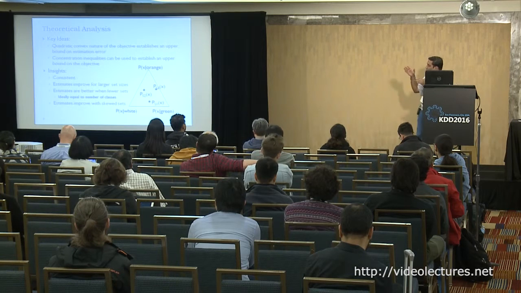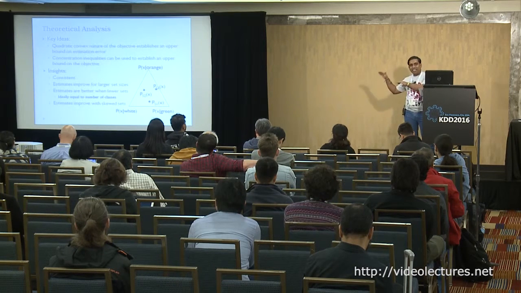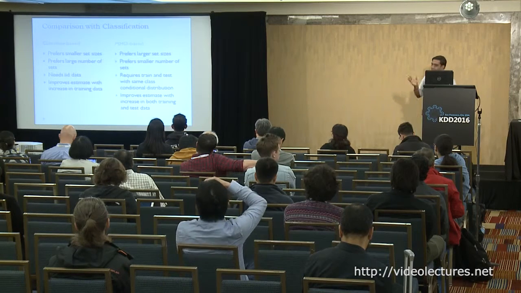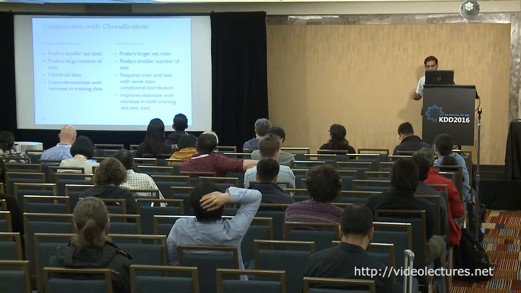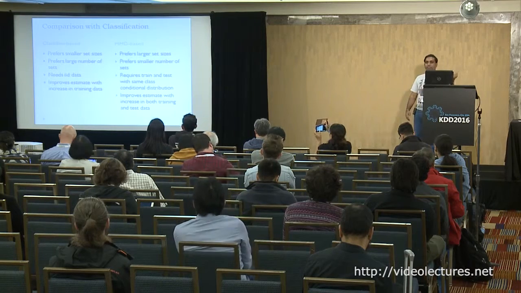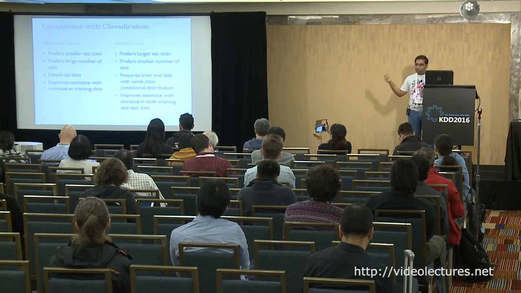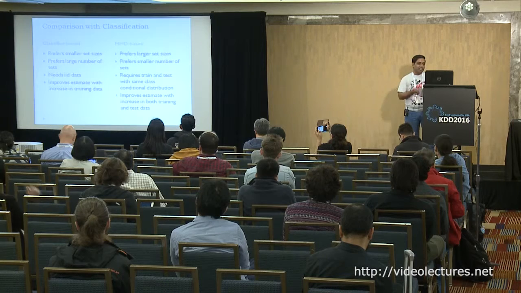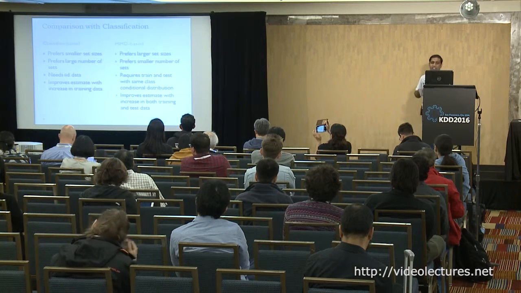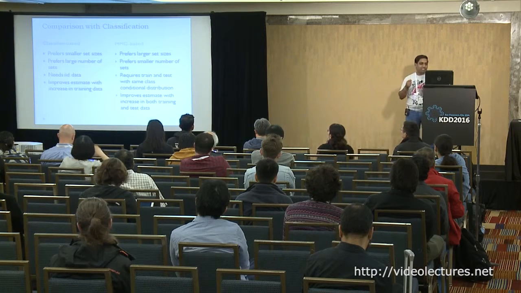we'll compare the insights that we obtain through the analysis with what we know for classifiers. Comparing with classification: classifier-based approaches prefer smaller set sizes, we prefer larger set sizes. The classifier-based approach prefers a large number of sets, the MMD-based approach prefers a smaller number of sets.